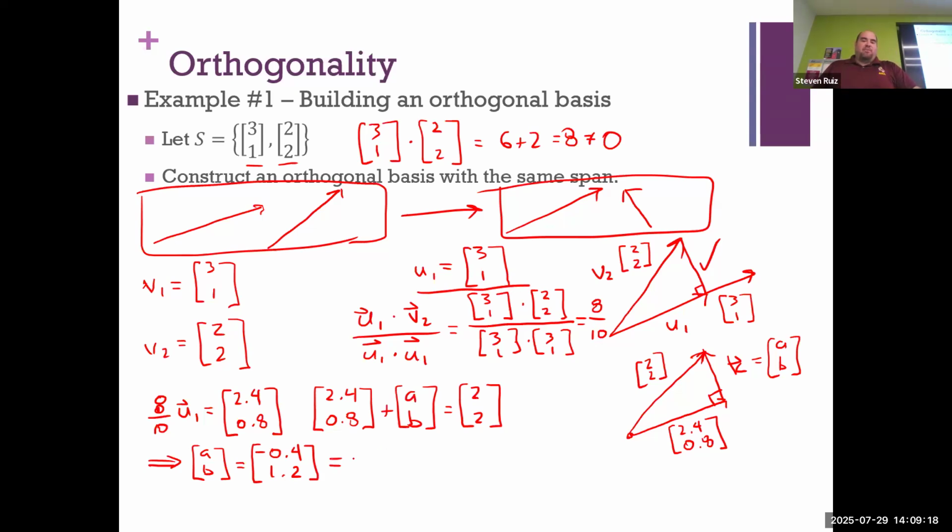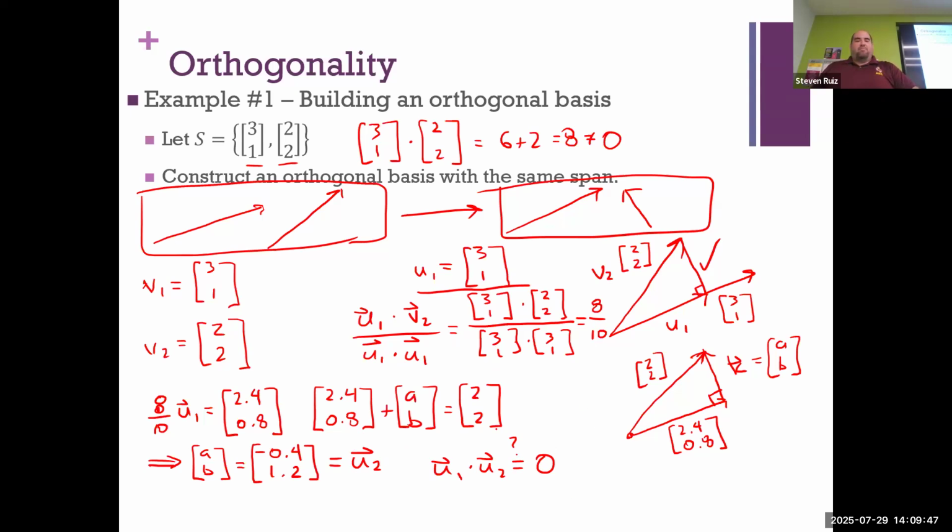And we just found this thing, which I'm going to call U2. Are these things perpendicular? When I say these things, I mean U1 and U2. Is U1 dot U2 equal to 0? Three times negative 0.4 is negative 1.2. 1.2 times 1 is positive 1.2.